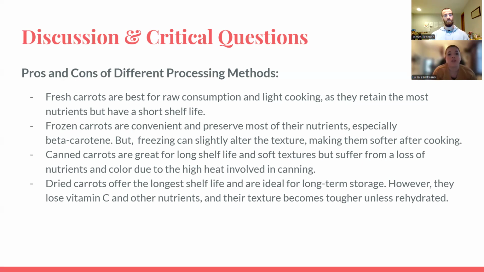The frozen carrots are convenient and nutrient dense, but the texture softens a little bit after cooking, so that might not be desirable. The canned carrots are great for soft dishes, but they lose vibrancy and some of the nutrients. And the dried carrots, they have the longest shelf life and the most concentrated nutrients, but they need rehydration after for a softer texture.